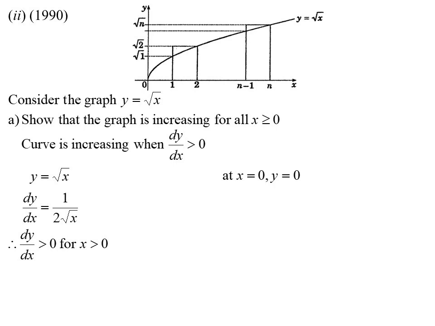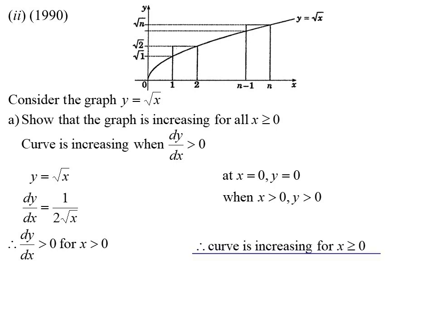So alright, I'm showing then that x equals 0, y actually does equal 0. But does it matter about the starting point? Because we're saying it's increasing, and at the starting point, well, you haven't started, so what's it matter? As soon as it goes past that, we've just proven it's going to be positive. So maybe I didn't need to do that for the starting point. But anyway, the curve is increasing for x greater than or equal to 0, I've actually proven. Oh, well, that is what they asked. So I suppose we did have to check on that one.